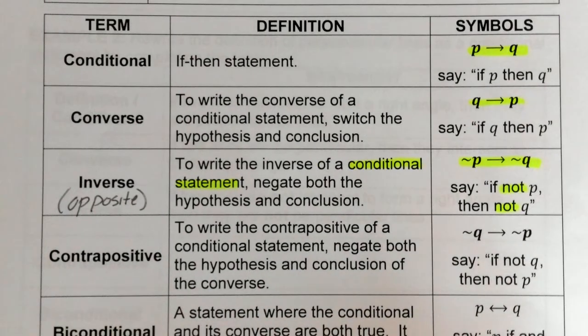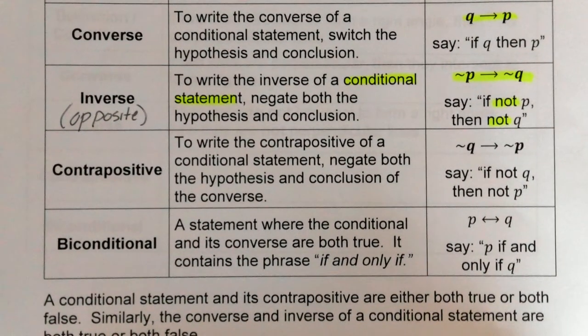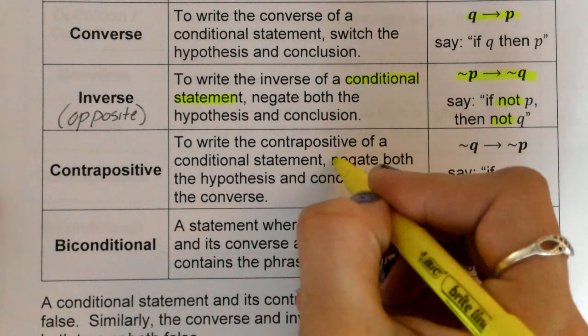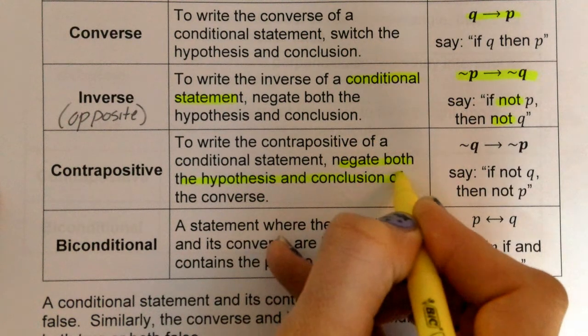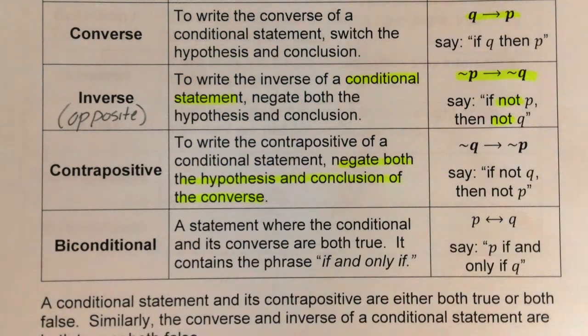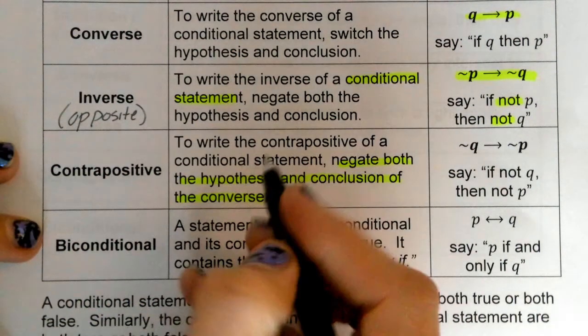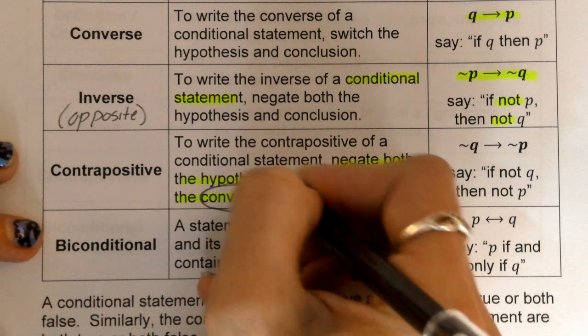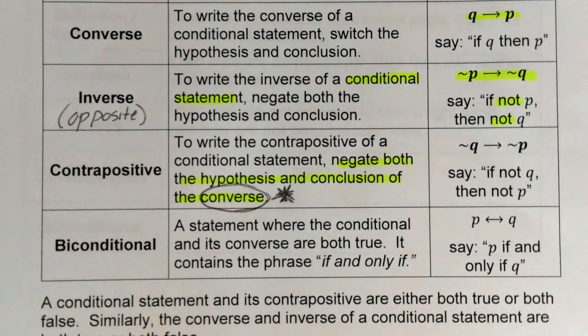Now our contrapositive. Your contrapositive is going to be the converse and the inverse mixed together. You're going to negate both the hypothesis and conclusion, just like the inverse, but you're going to do it to the converse. That's the big thing: you take the converse and negate both of those, or take the opposite of both.